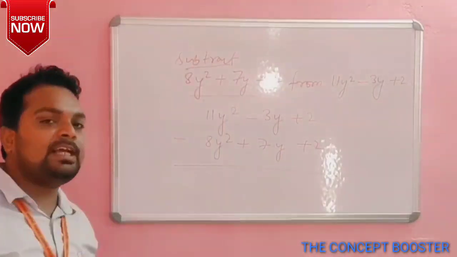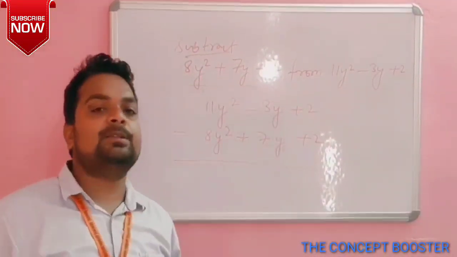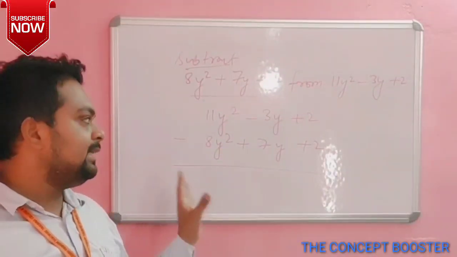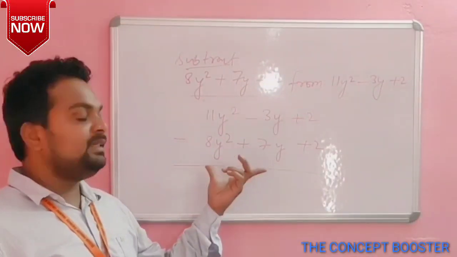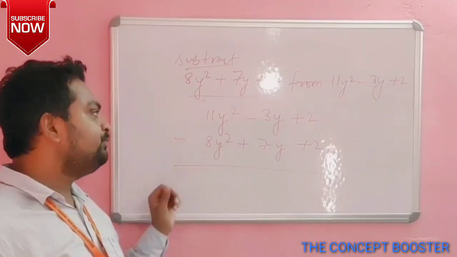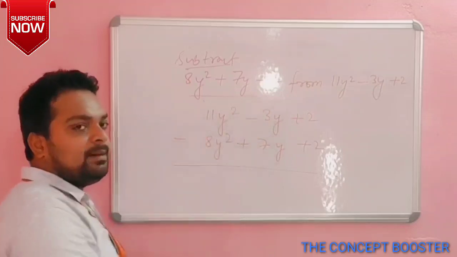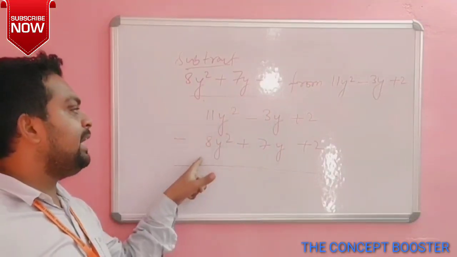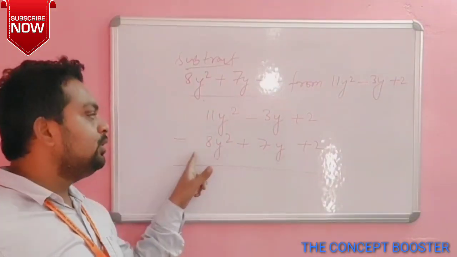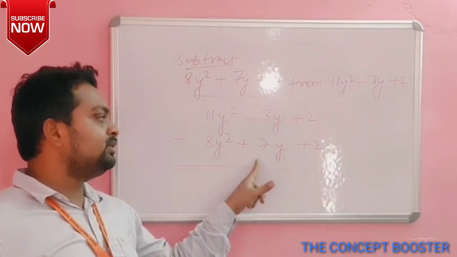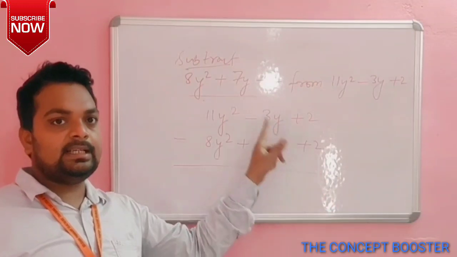Now what we have to do, here we can see we have different types of signs. Somewhere we have plus, somewhere minus. For this type of question you have to be sincere about the sign. Now actually we are subtracting this expression from the above one. So we have to multiply the subtraction sign with all these three individually, and put the individual sign for each one, and then only we can start the process.